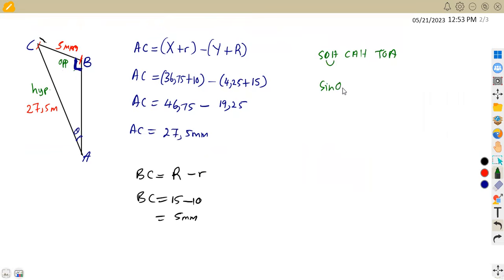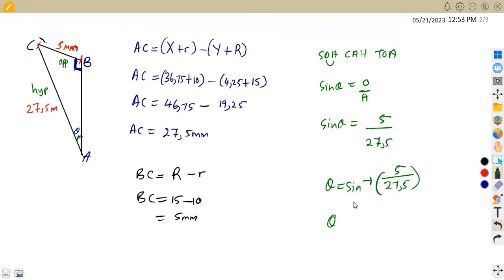So the sine of theta is equal to the opposite over the hypotenuse, that means the sine of this theta is equal to the opposite, that is 5, over the hypotenuse of 27.5. So from this, we can calculate theta. Theta is going to be equal to the arc sine of 5 over 27.5, which is simply from your calculator, shift sine.